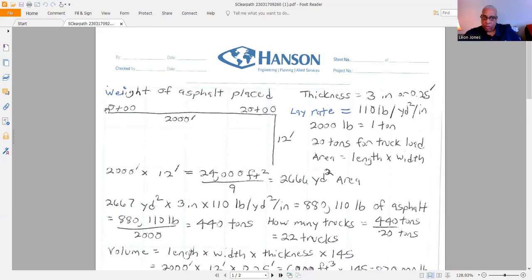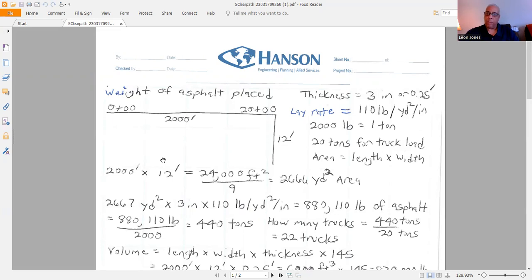Now, they started placing asphalt at station 0 plus 00 to 20 plus 00. So looking at everything, that's 2,000 feet. Now, generally a lane is 12 feet wide. So I indicated the width with 12 feet.